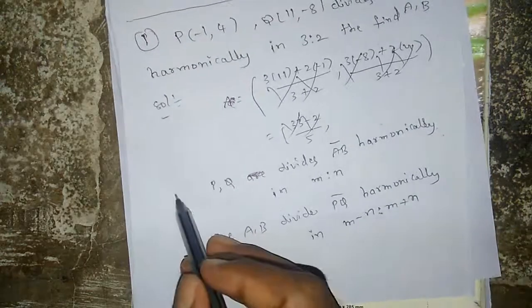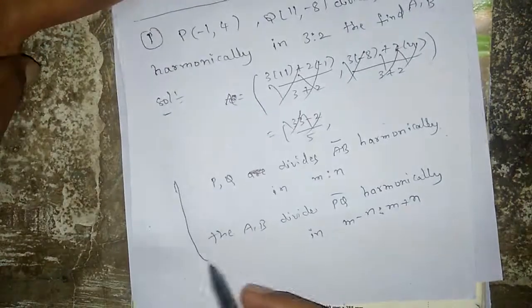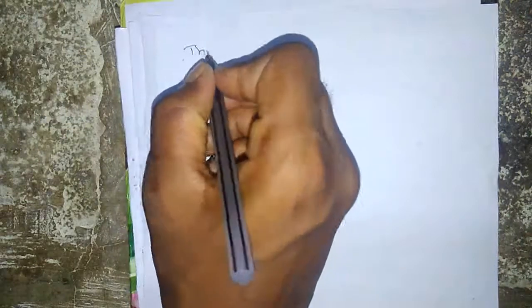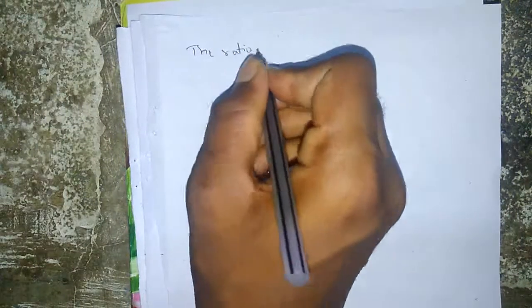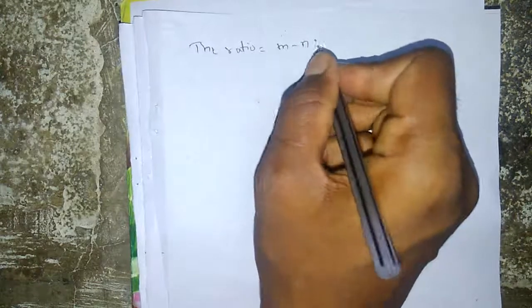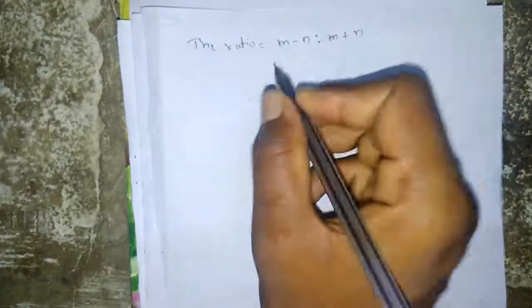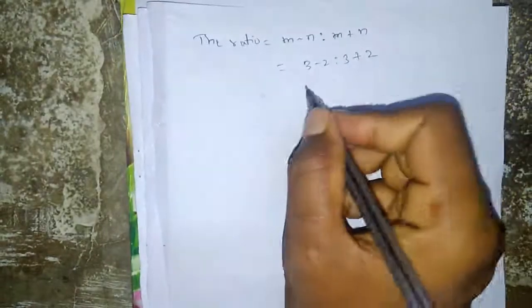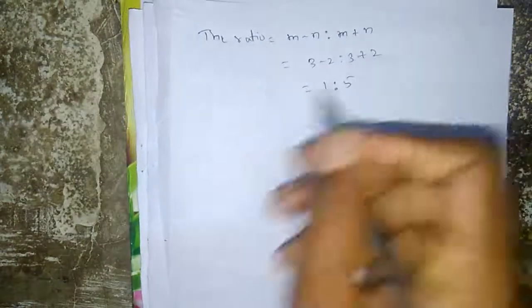Okay, this is the important formula, so we need to use this. So the ratio is M minus N is to M plus N. That is 3 minus 2 is to 3 plus 2, that is 1 is to 5.